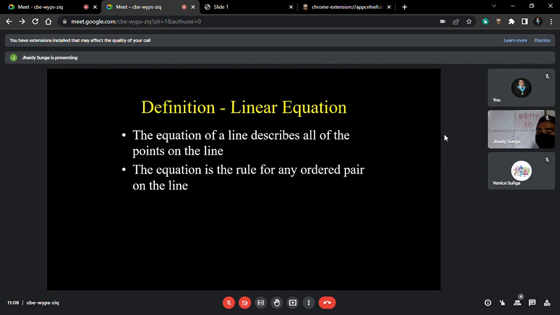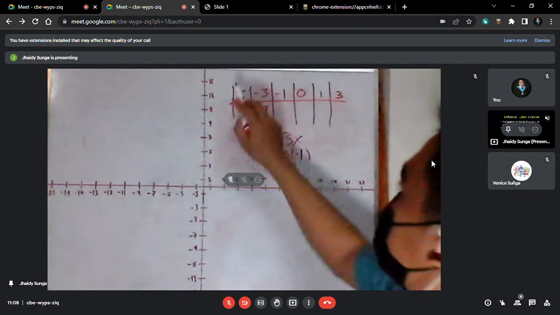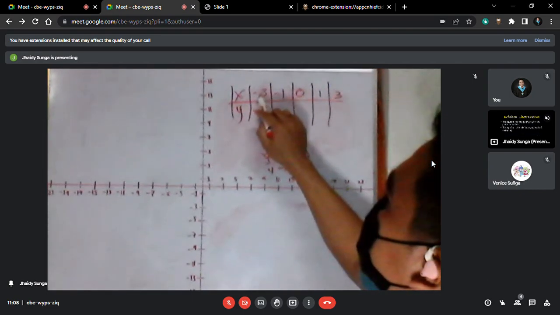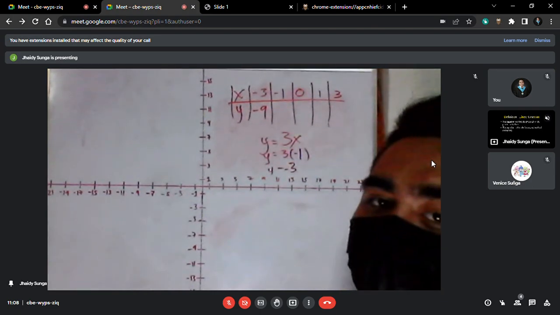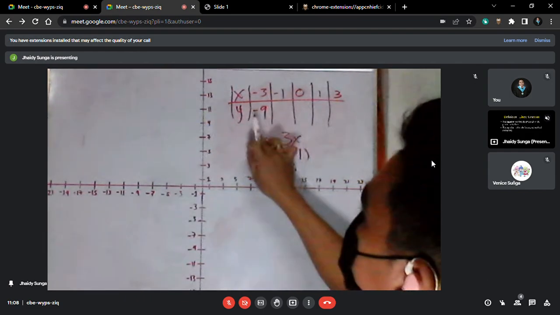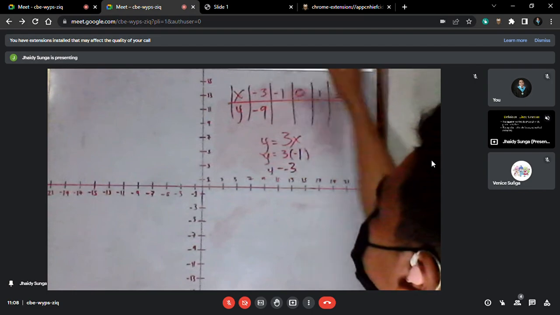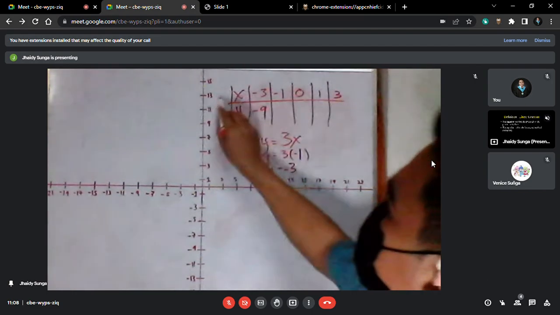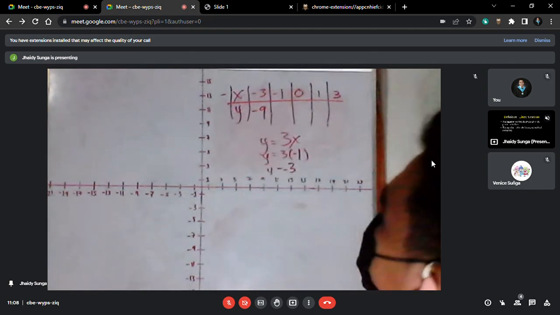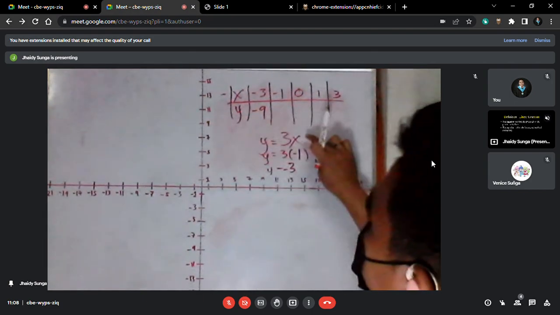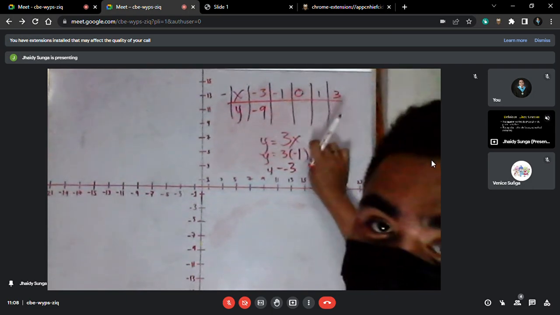So if we have negative 3, negative 1, 0, 1, and 3, let us have this negative 9. We answered that if we substitute negative 3 to the value of x, or 3 times negative 3, of course, negative 9.